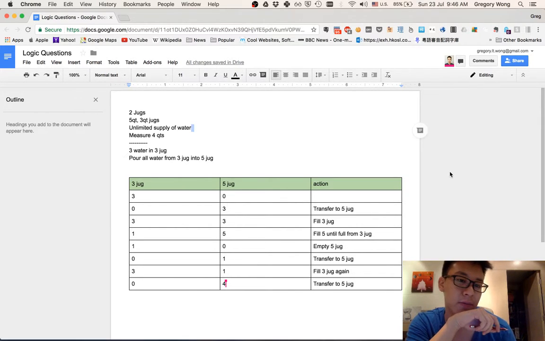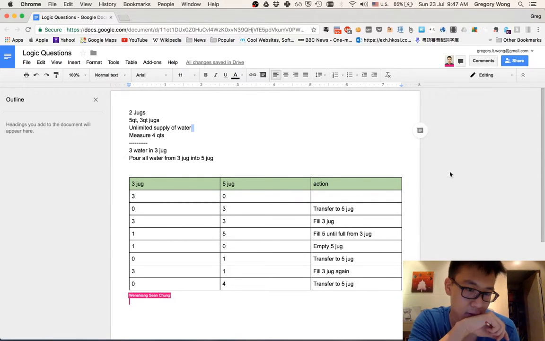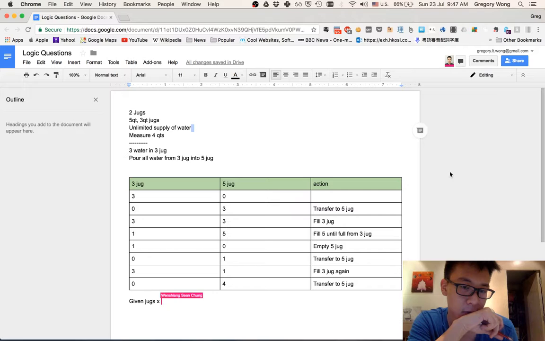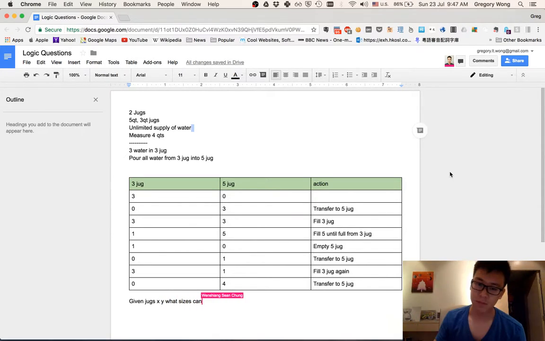Say a jug of size X and size Y. Given jugs X, Y, what sizes?